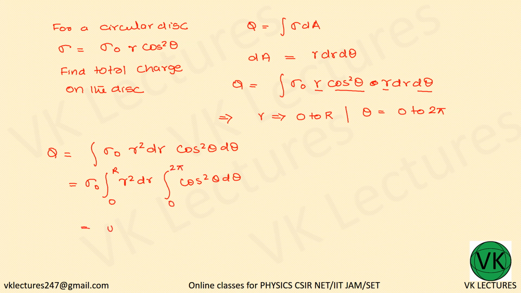So that gives us sigma naught times r cube by 3 from 0 to capital R, times the integral of cos square theta, for which you can use cos square theta equal to 1 plus cos 2 theta by 2.